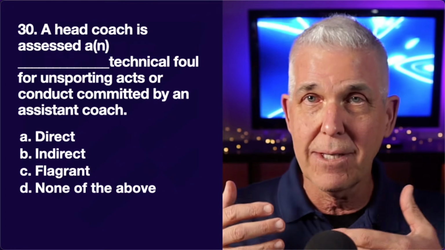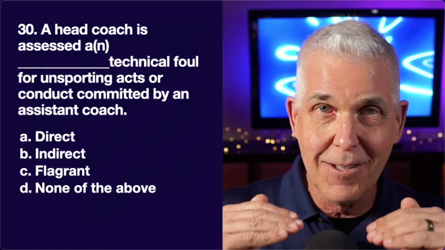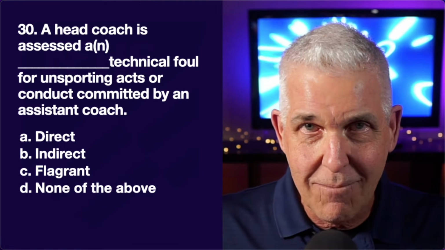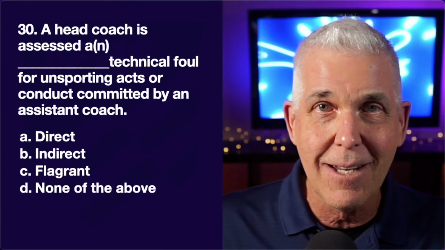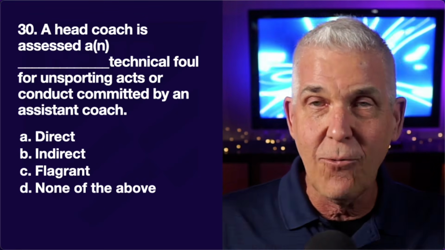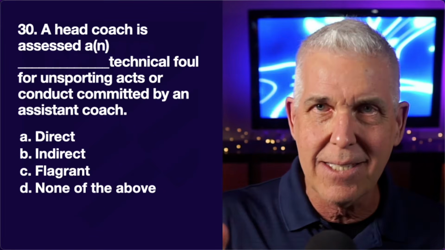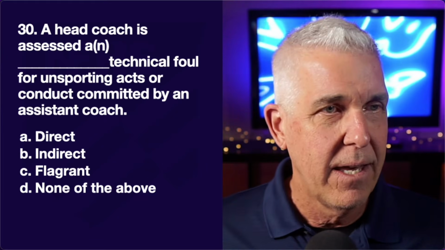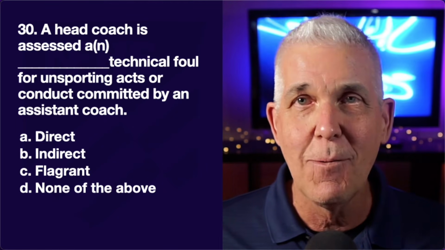And of course, this implies that the unsporting act or conduct committed by an assistant coach rose to the level of a technical foul, and a technical foul was assessed on that individual. So that's 30. All right, we're moving on.